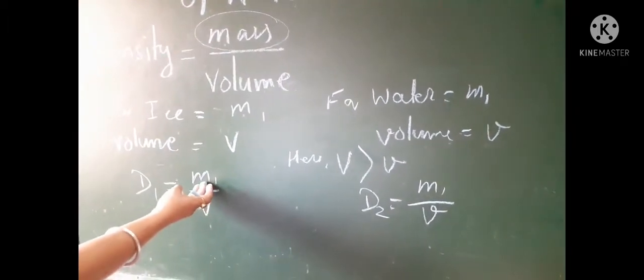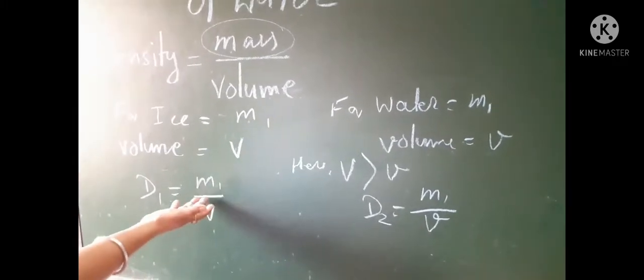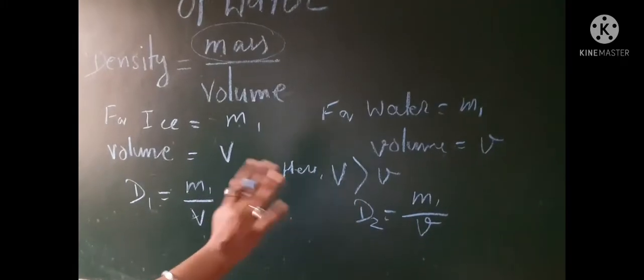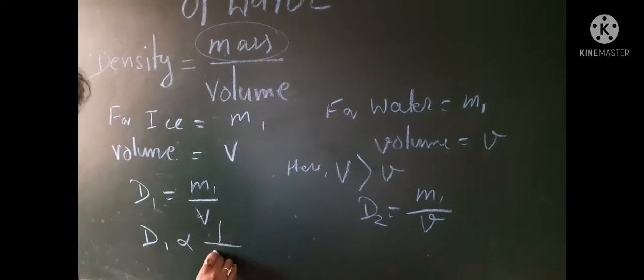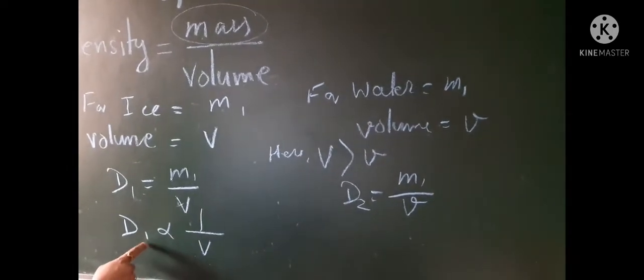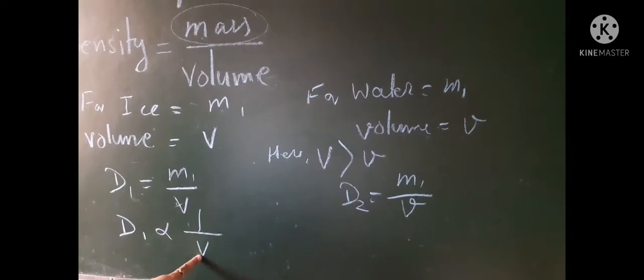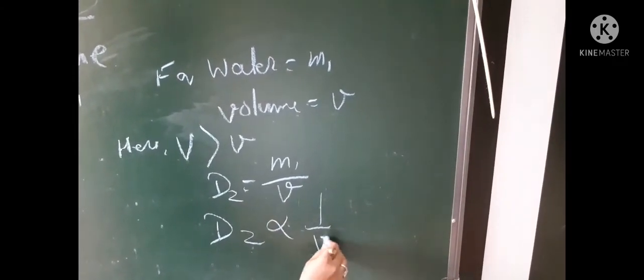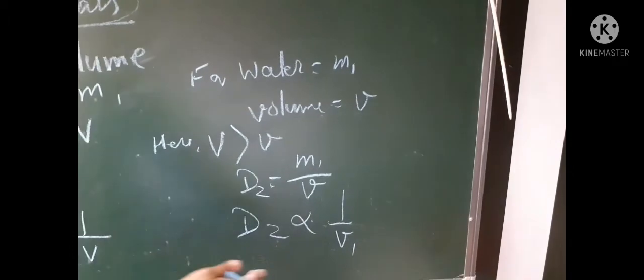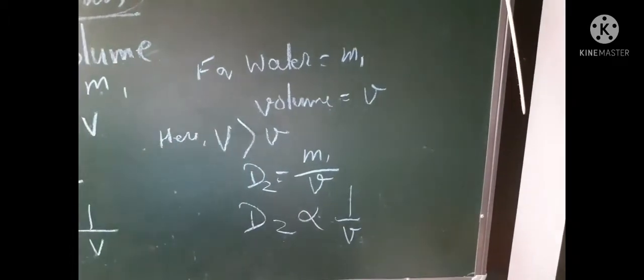If we took 50 gram water, then 50 gram ice is also there, so mass is the same, so it completely depends on volume. You see, the density of ice is inversely proportional to the volume of the ice, and the density of water is inversely proportional to the volume of the water.